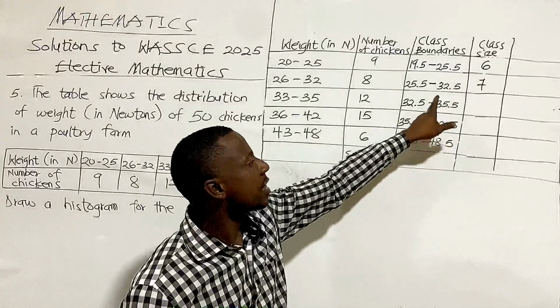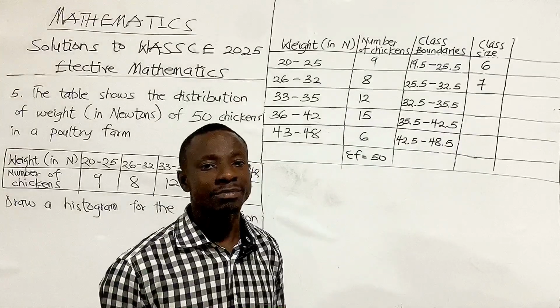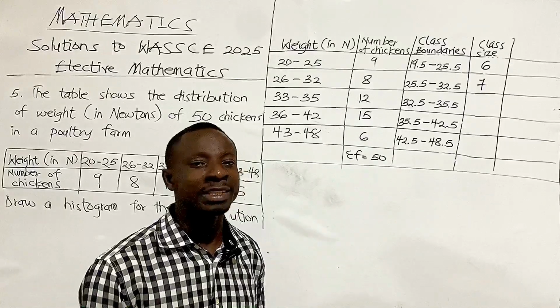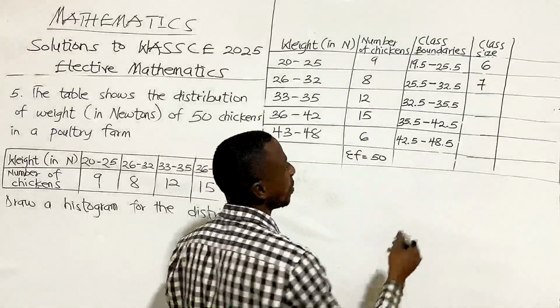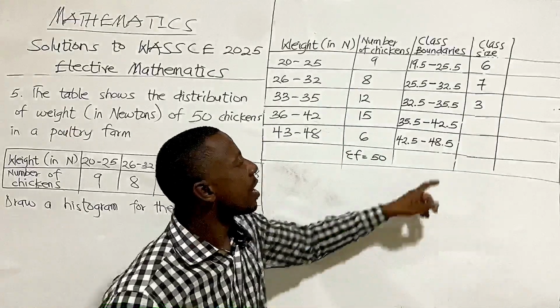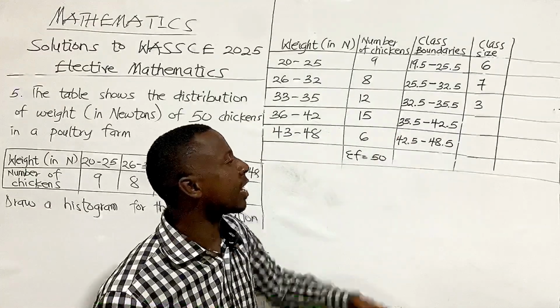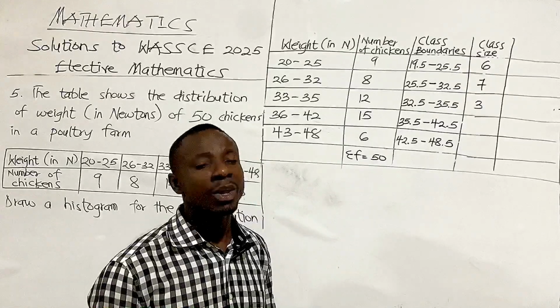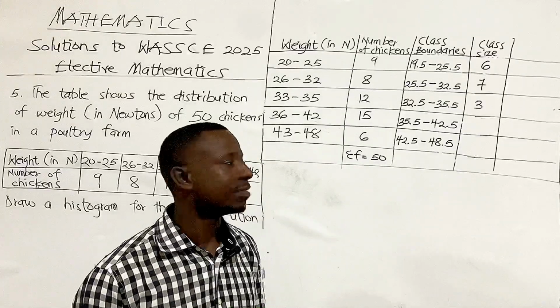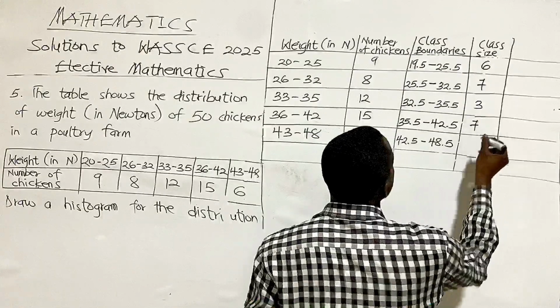Then from here, 35.5 minus 32.5, what was your answer? 3. Very good. Then we have 42.5 minus 35.5. What did you get again? All right, so we had 7.